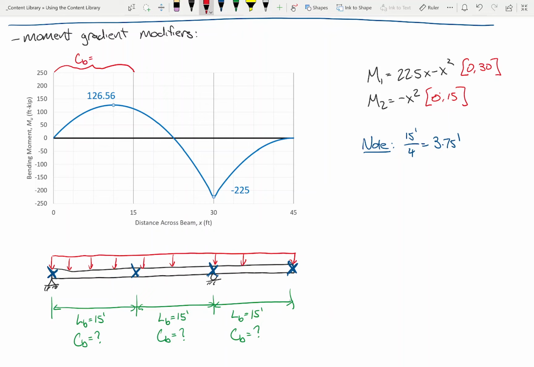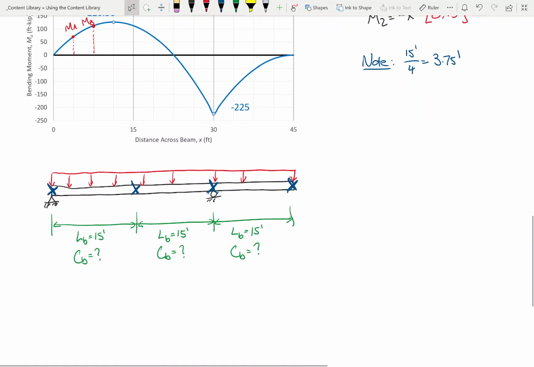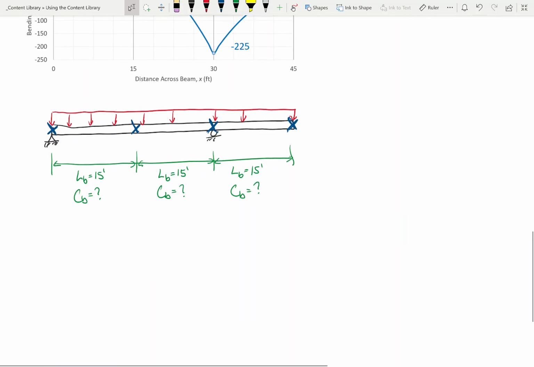So let's see if we can figure out what CB is. The way this works is we're going to find quarter point moments within this segment. So we're going to find what this term is, we'll call it MA. This term is MB, etc. Let me do this down here.